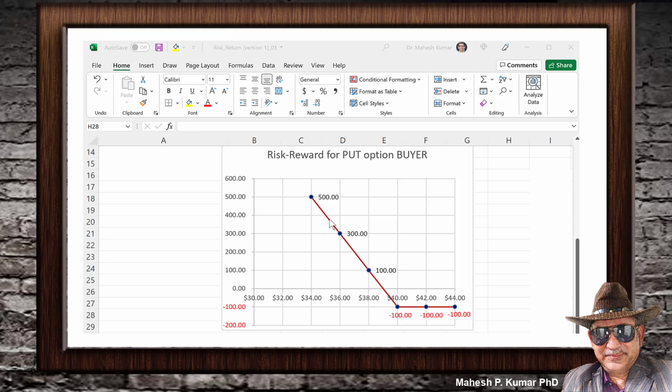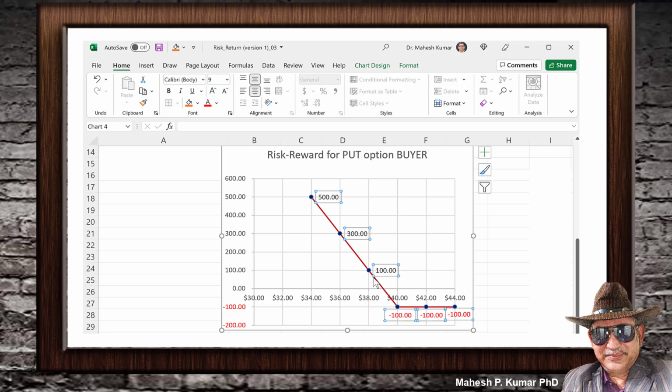And when we draw the chart, we see that here the break-even point is 39. So at 39 you are neither making any profit nor any losses, and since your position was bearish, if the price is below 39, 38 or 36 or 34, you are making profit, and when the price goes above 39, which is your break-even point, then you are having these losses.